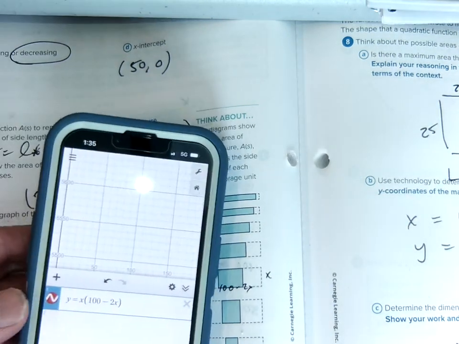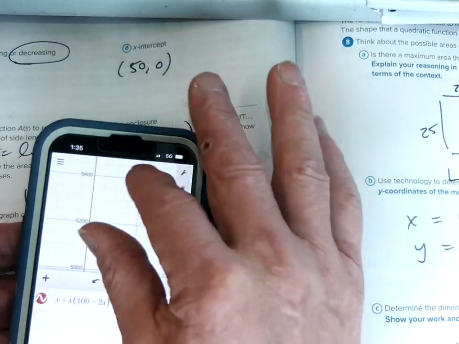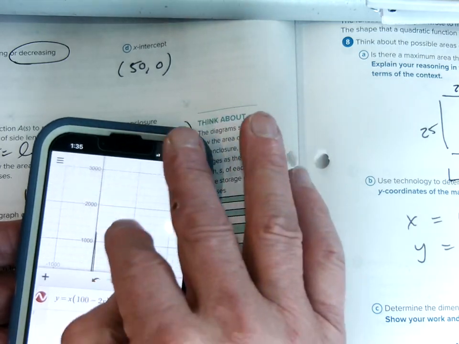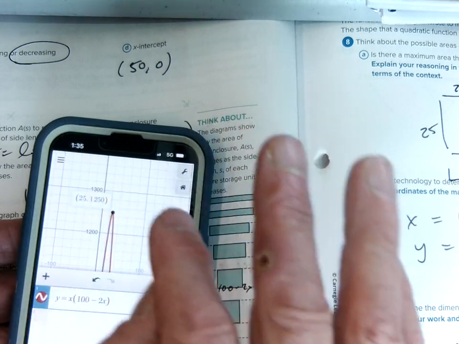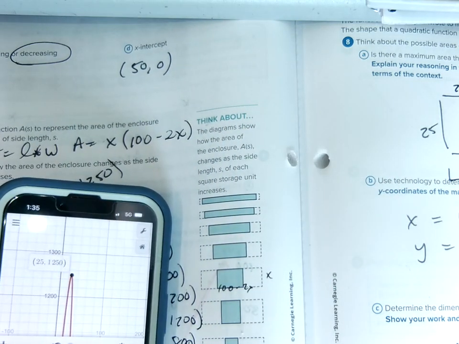It's so big I can't see it, so I'm going to go looking for it, and what I'm looking for is the vertex. It's right there, and I want the vertex. So I tap on that, and I get a point at (25, 1250).